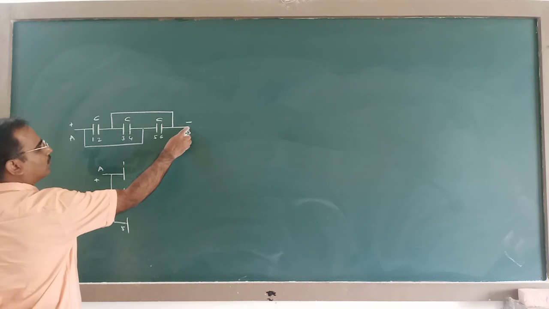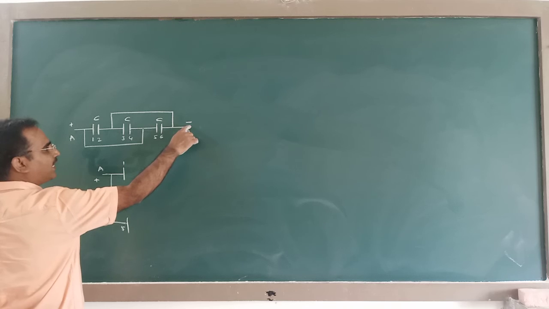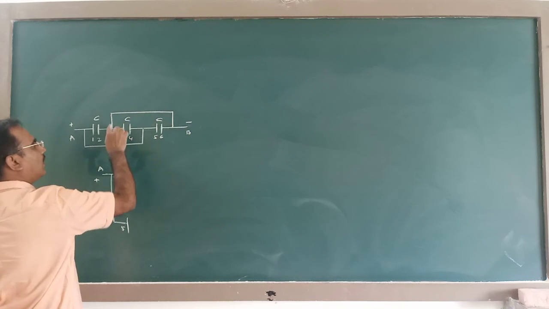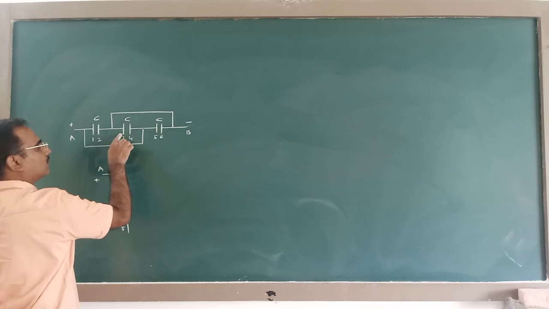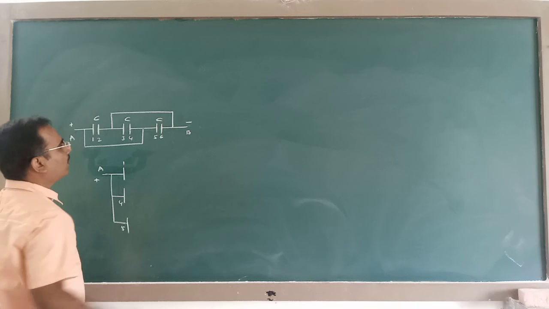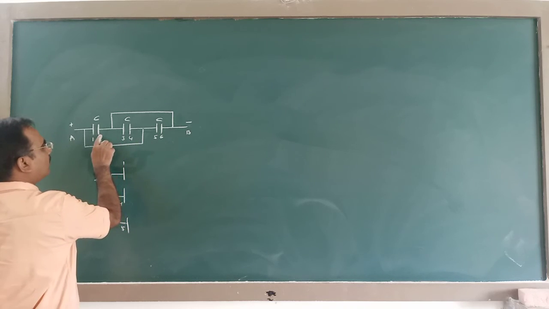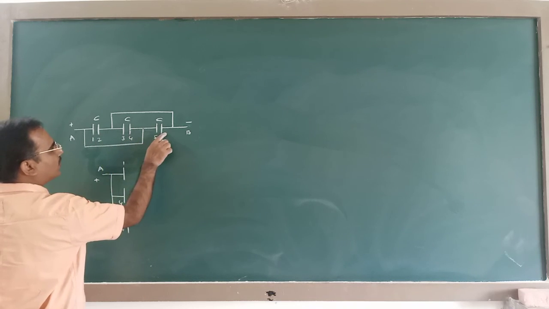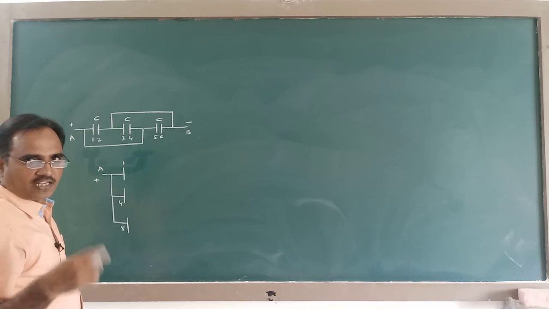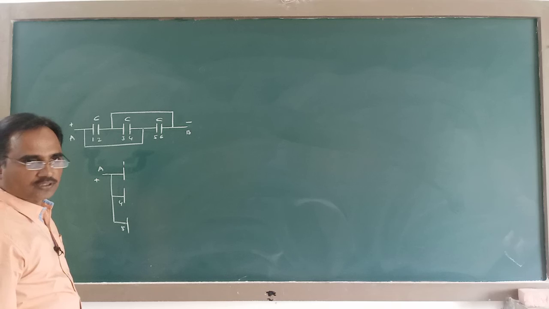Next, because of the applied negative potential at B, the sixth plate, second and third, get the same negative potential. So all these three plates get an equal amount of negative charge.